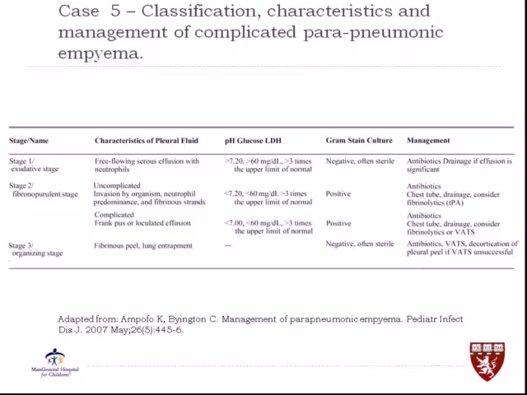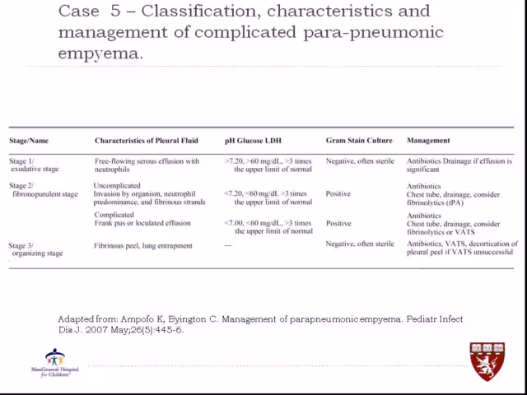Initially, it's free-flowing, and then it becomes fibrinopurulent as the fluid gets more fibrous and more loculated. And then stage number 3 is the organized stage, where there's a fibrinous peel over the lung itself, and the lung becomes entrapped with some process of obstruction. And these are the 3 stages.